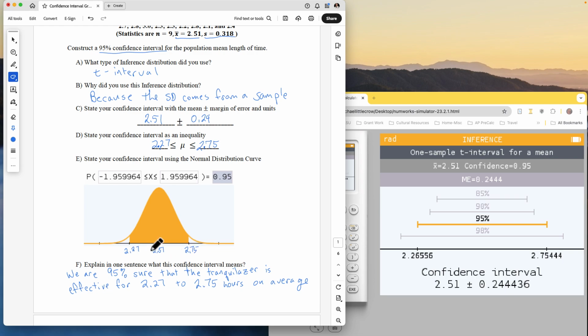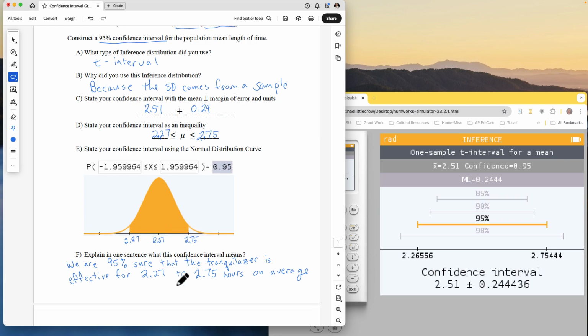So that the mean will be between here for whichever sample we took. Something like that. That'll do it. That's what we're doing. We're 95% sure that the average effectiveness would be in this range. Okay, so that's that question.